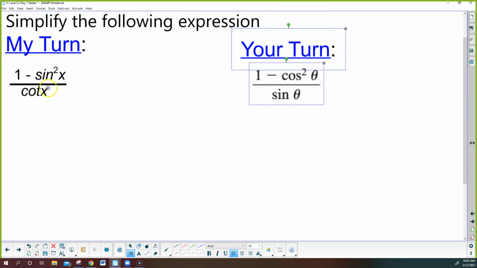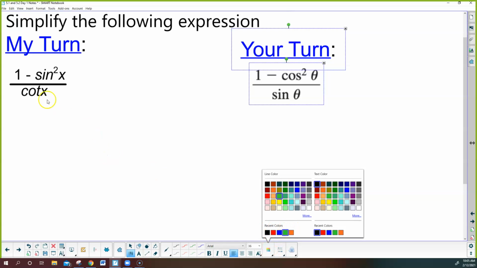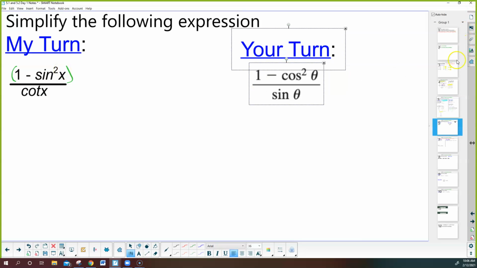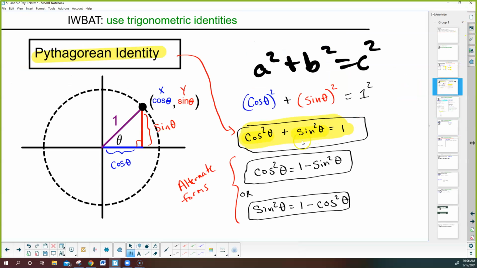So same thing. Watch how I do this one, and then we'll see how you approach it. Now again, there's more than one way to write this. So if you see some way that you like better than what I'm showing, go ahead and do it. Here's what I noticed right away. 1 minus sine squared. Well, wait a minute. I'm going to jump back here really quick. My hint was I had a 1 and a sine squared, but they're on the same side.